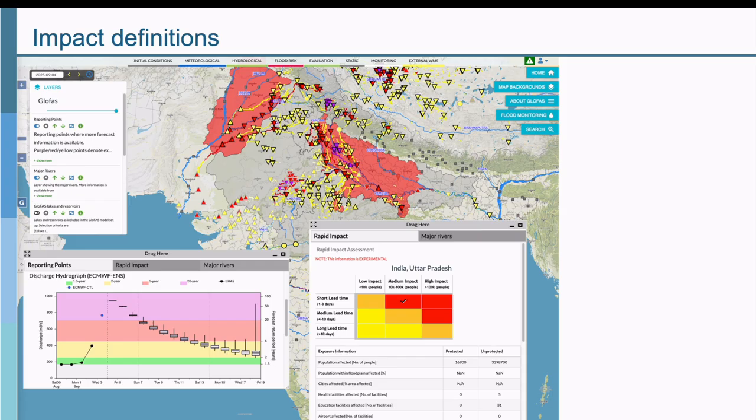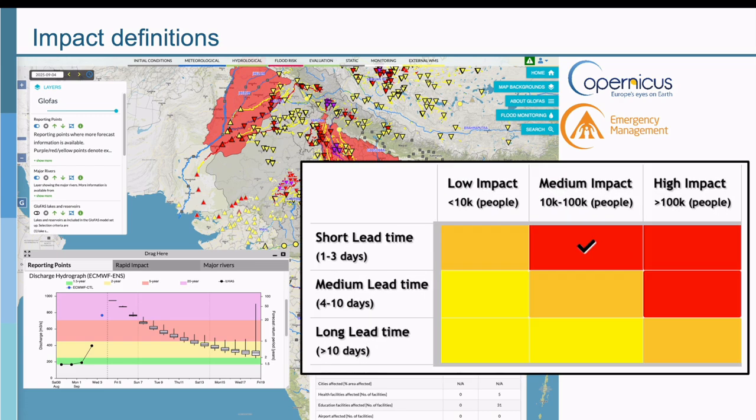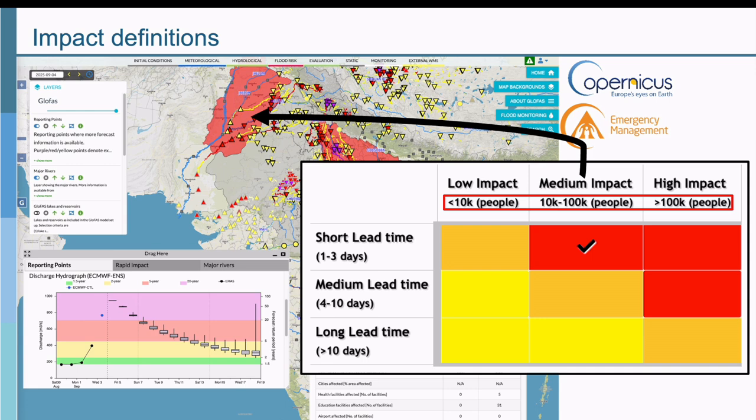Another example of how to define the impact level in a risk matrix comes from the Global Flood Awareness System by the Copernicus Emergency Management Service. The GLOFAS Rapid Impact Assessment highlights how different impact categories can be tailored for different use cases. In this example, we can see that the impact categories are based on quantitative data of how many people the GLOFAS model has identified as potentially at risk by the forecasted flooding.